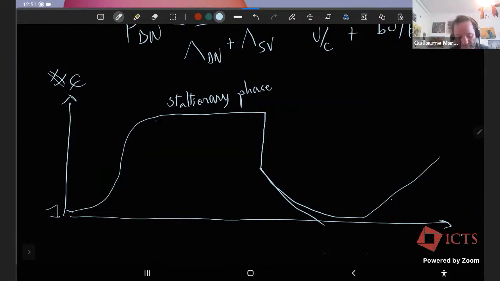So if the stationary phase was in fact a set of birth events compensated by death events that compensate each other exactly, so something like B minus D equals 0, but B is not 0, then I would see biomass accumulating and I would see dead cells accumulating at the same rate, while I see the number of live cells stable.